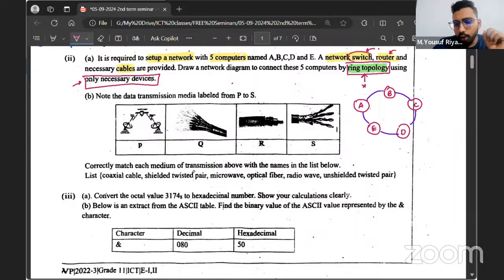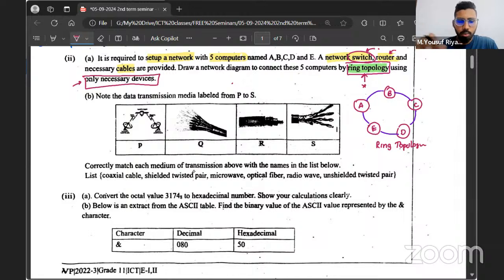Normally, you use a switch in what type of topology? Yes, normally you might use the switch mostly in the star topology only. And in terms of router, normally if you're going to have a local area network, we don't use the router.